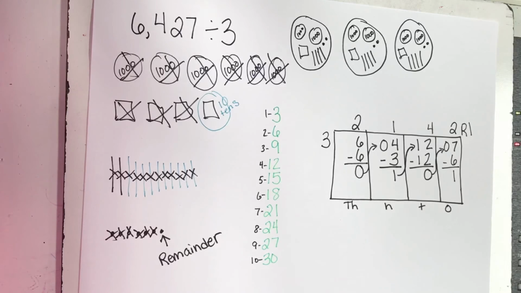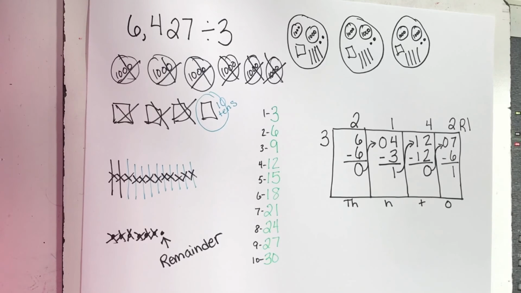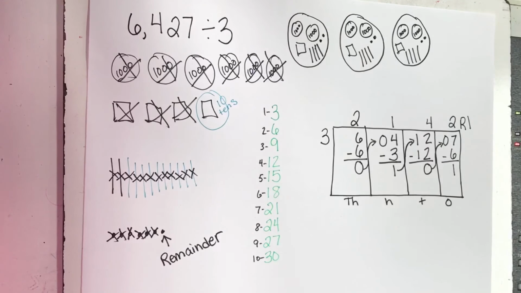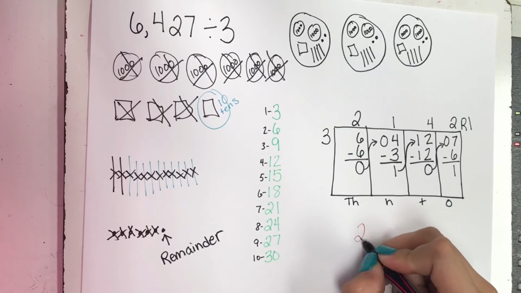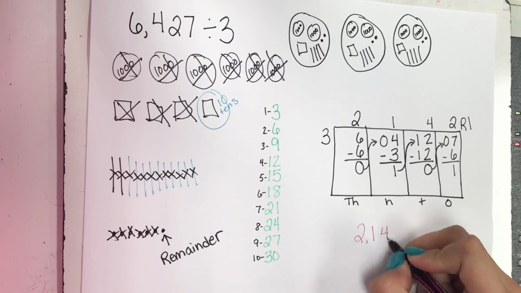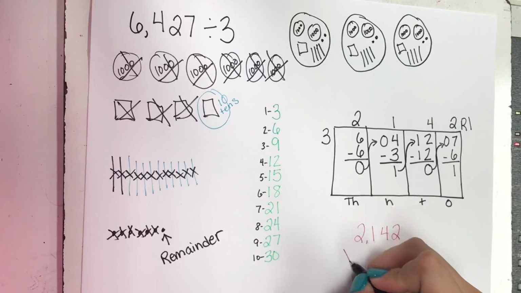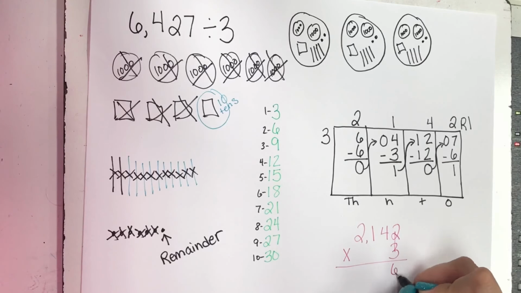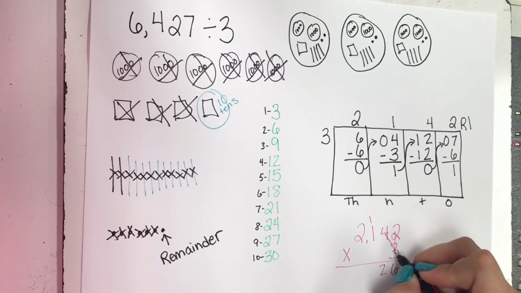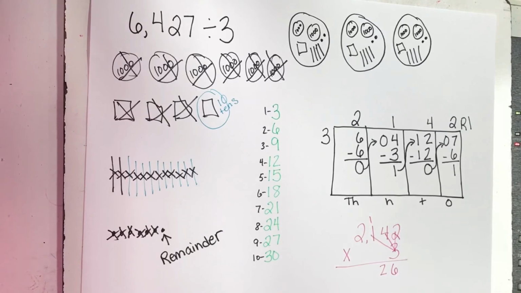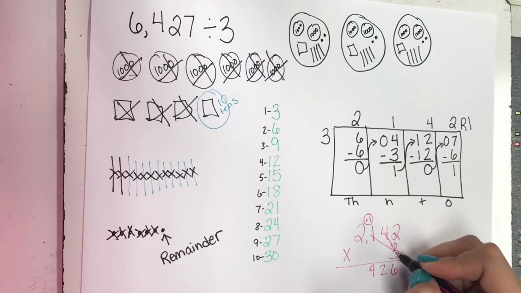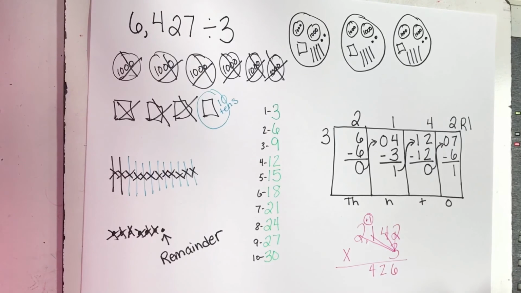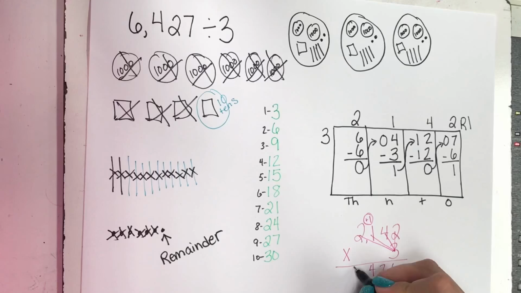What am I going to multiply? 2,142 times 3. 2 times 3 is 6. 3 times 4 is 12. 3 times 1 is 3, plus 1 more is 4. 3 times 2 is 6.